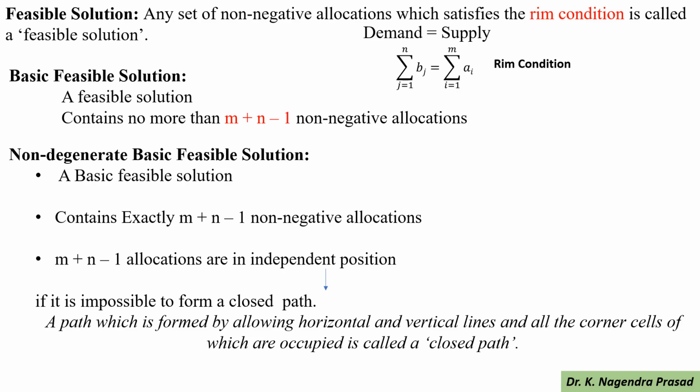It is impossible to form a closed path with these allocations. So what do we mean by closed path? It is a path formed by horizontal and vertical lines, all the corner cells of which are occupied cells, called a closed path.